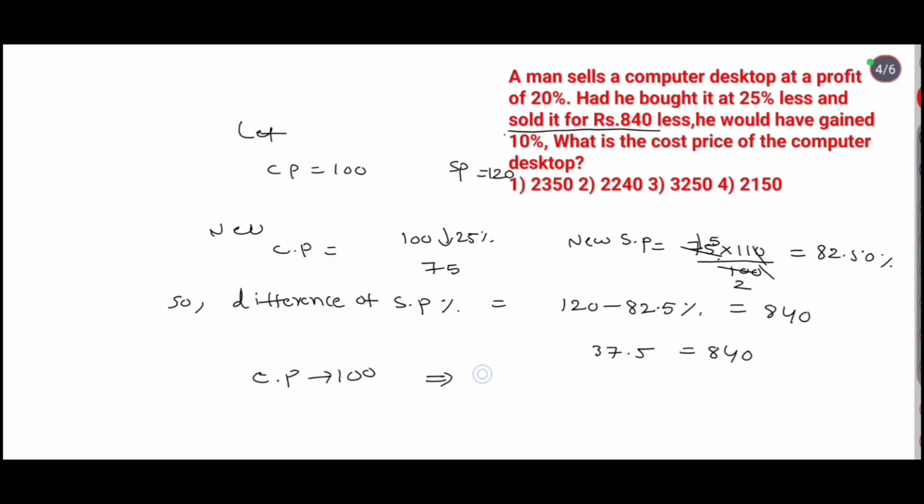Cost price is 100 percent. 37.5 percent equals 840, so 100 percent is 840 multiplied by 100 by 37.50.